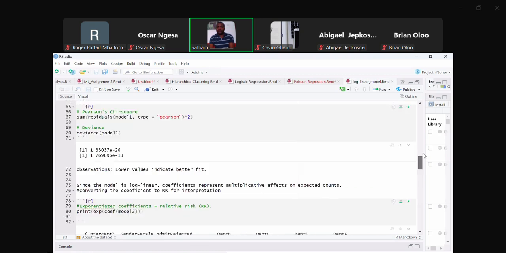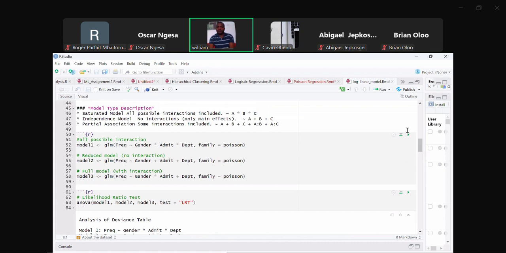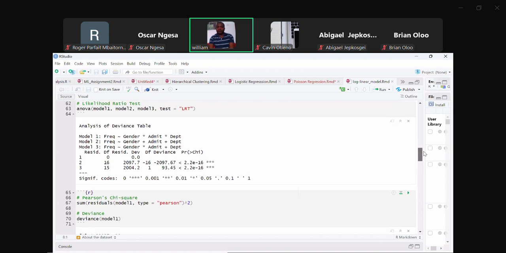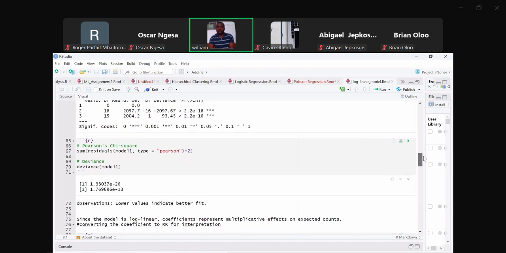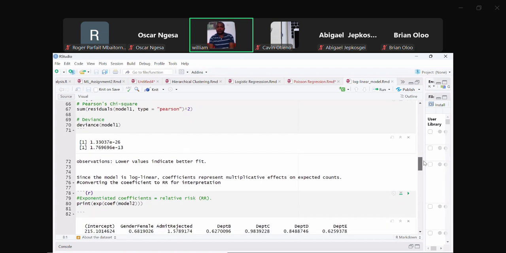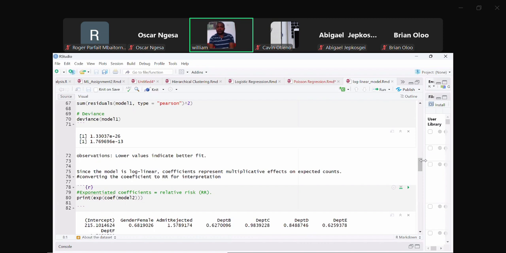So in this case, if you look at this, we have like 3 models. So you can go ahead and check out of the 3 models, which one is giving you the lower value. So the lower it is, the better the model. And since the model in log linear coefficients represent multiplicative effect on expected counts, we convert coefficients to RR.